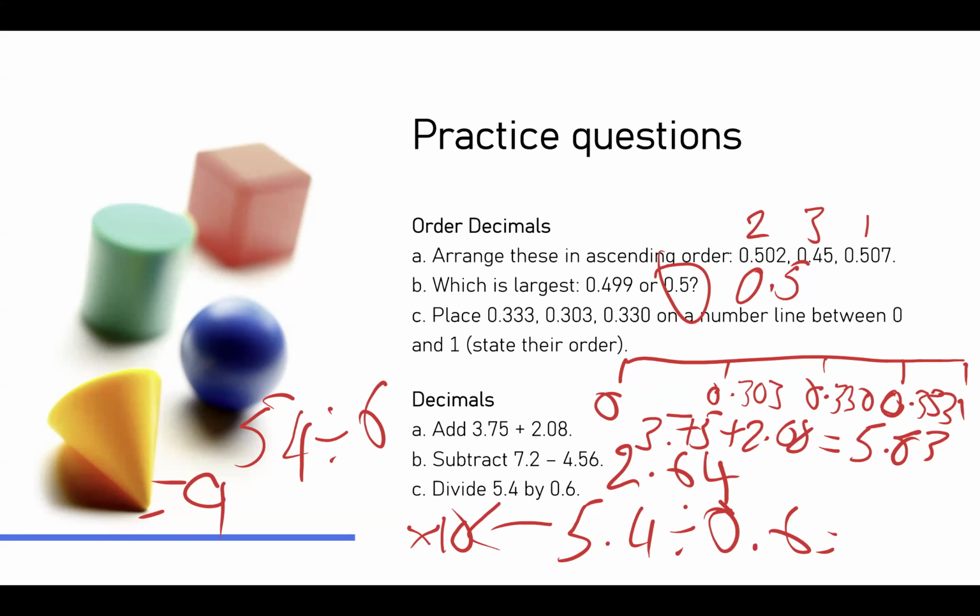Because we multiplied everything by 10, and it's not just one thing, the answer would be 9 in this case. That would be the answer, guys. All you have to do there is multiply it by 10.